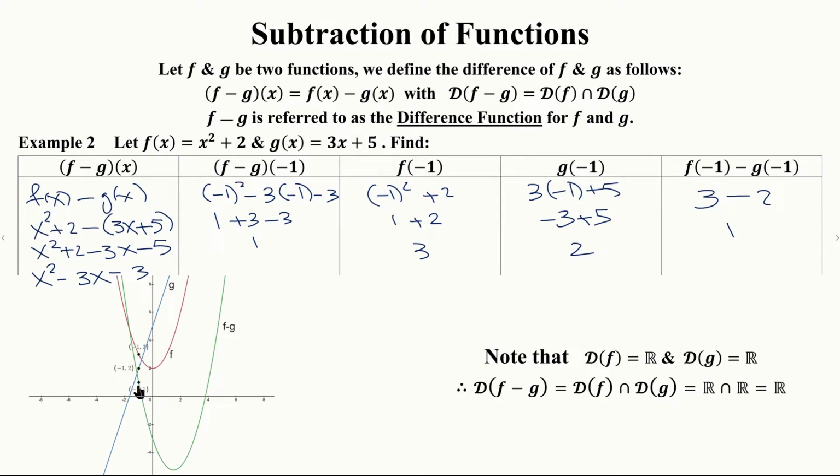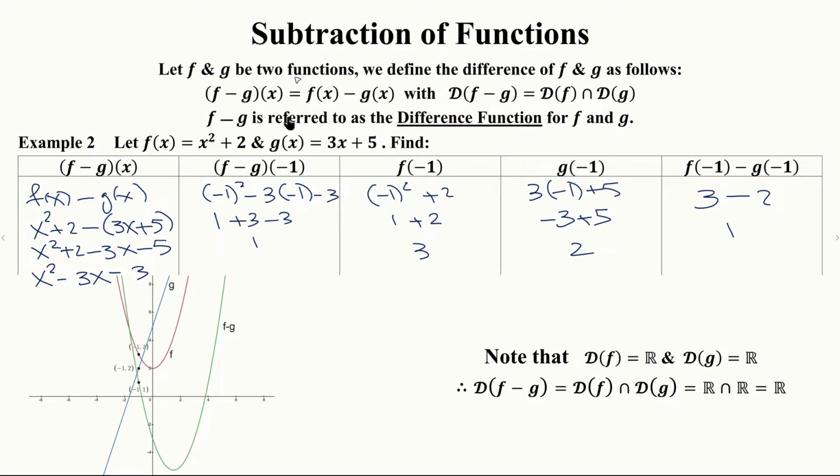So take the y value for the red function, which is 3, subtract from it the y value for the blue function, which is 2, and you end up with 1, which is the y value for the green function. All right. And that will hold at every point in their domain, which is for all real numbers, right? And that's how the subtraction of functions is handled through the difference function.